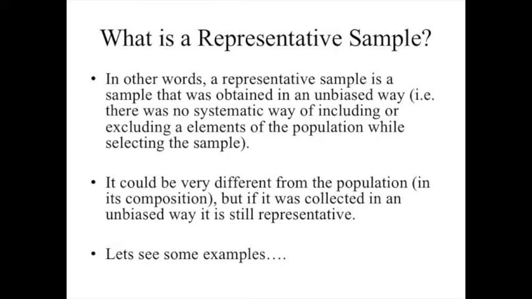If you are selecting the sample based on some criteria that is not random, you are likely introducing some bias in that selection of elements. So a representative sample is a sample that was obtained in an unbiased way. There was no systematic way of including or excluding elements of the population when we were selecting that sample.